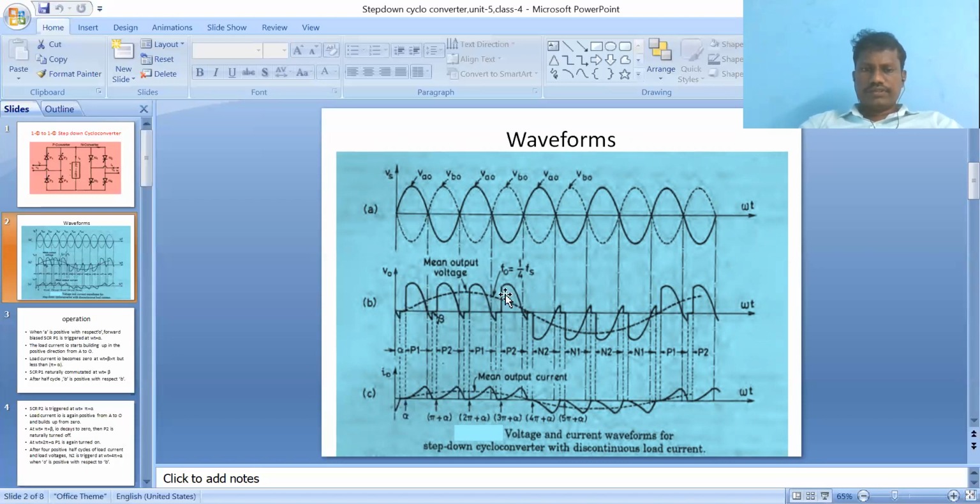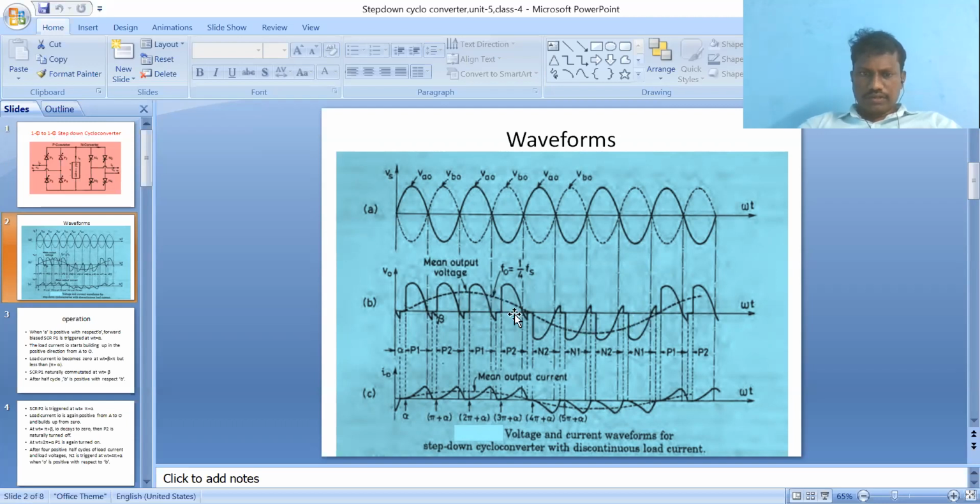Let us see the output voltage. It is one positive half cycle, another positive half cycle, another positive half cycle, another positive half cycle, each similar to one half cycle of input, and then negative half cycles. By drawing this line, just the same as the input AC supply, it is one cycle.